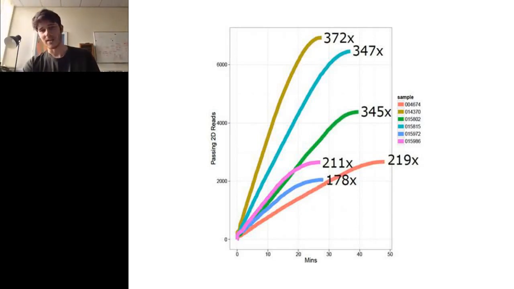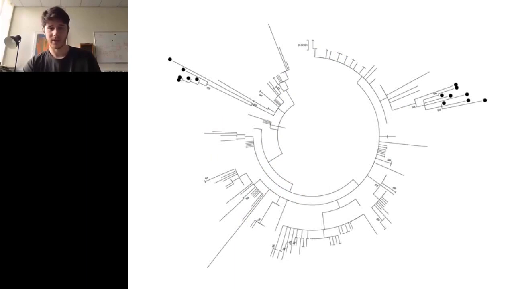And with the first data that we got off the instrument, we were able to recover hundreds of X coverage of the Ebola genome within as little as 30 minutes after starting the run. So this is a very rapid assay once you've done all the lab work up front. The sequencing component of it is very quick indeed.